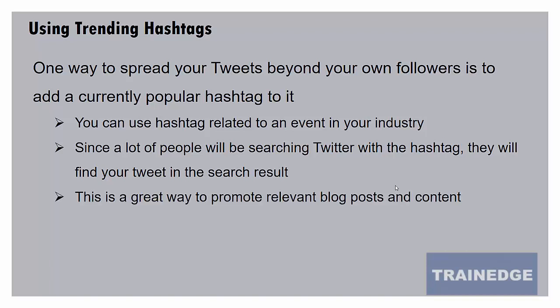And you'll notice that when you use the hashtags properly, especially the trending hashtags, the visibility for your tweets and the engagement rates will go up by 2 or 3 times. And because it gets you a lot more exposure, it can also get you new followers. Not just people who are going to read your blog post or your content, but also people who start following you.